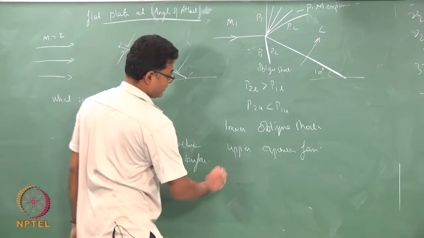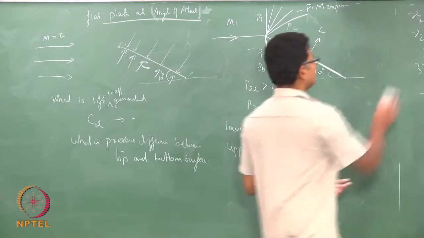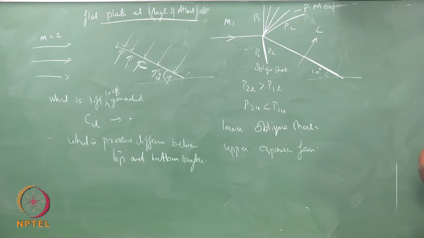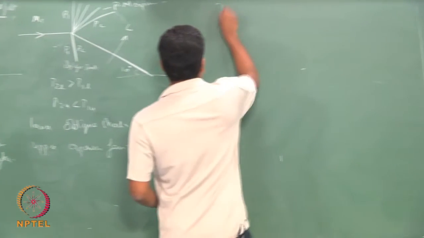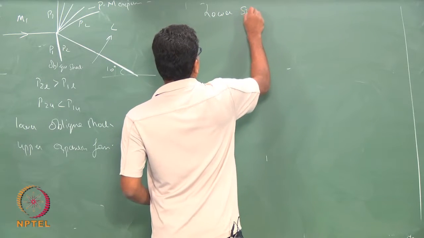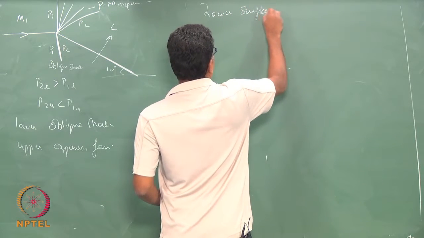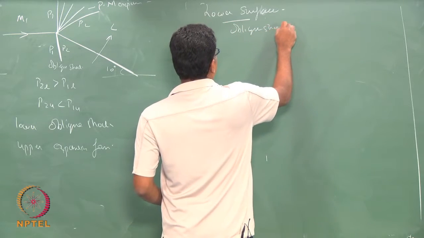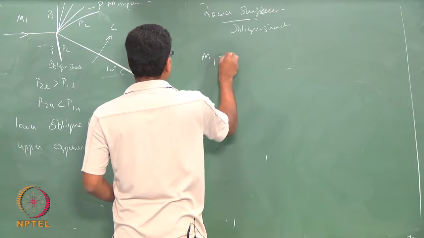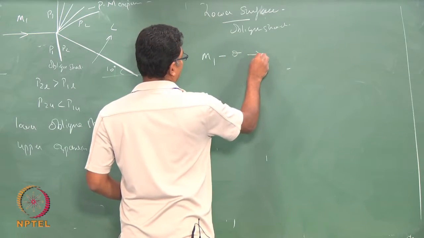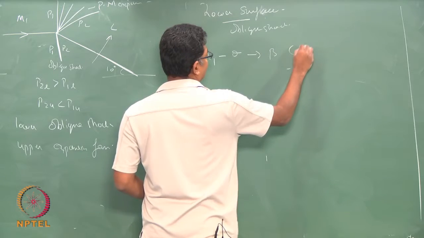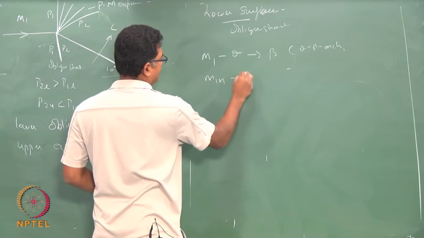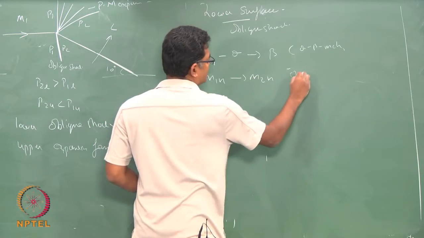Find for the lower surface: use the theta-beta-M chart, find beta from M1 and theta, find M1n, find M2n from shock tables.